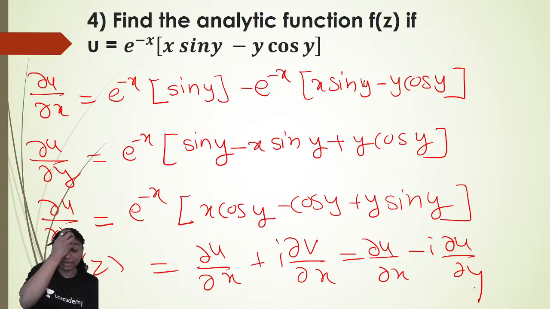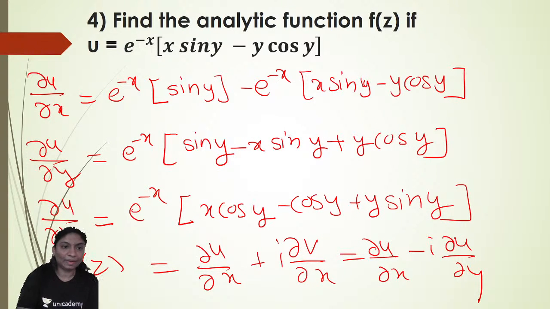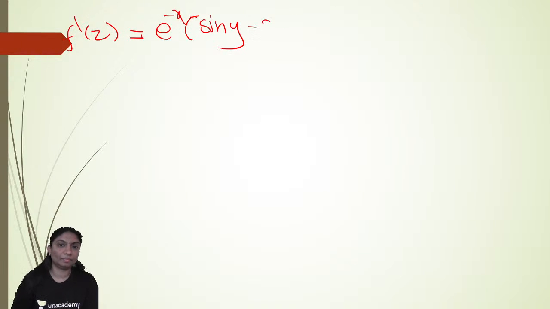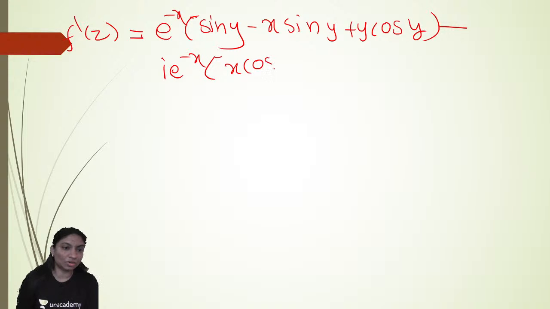So we can write f dash of z is equal to, here e raised to minus x into bracket sin y minus x sin y plus y cos y, minus i into e raised to minus x into x cos y minus cos y plus y sin y.